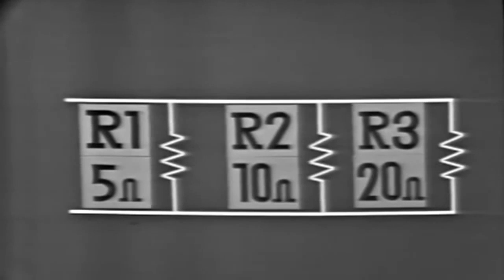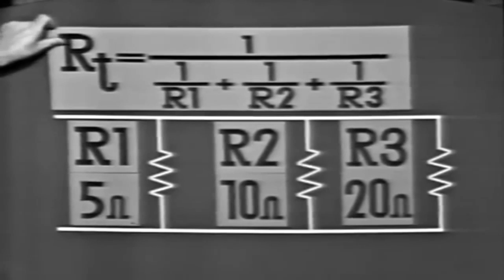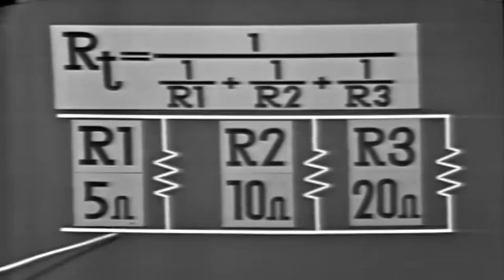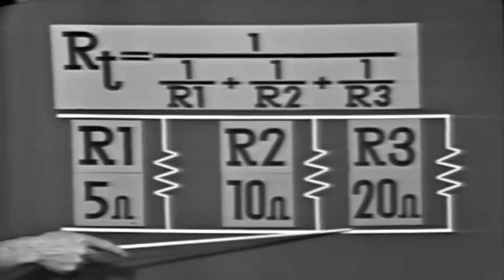Now, when you're working this type of circuit, you use a reciprocal formula. This one. In this case, we have 5 ohms, 10 ohms, and 20 ohms. They're all different values.